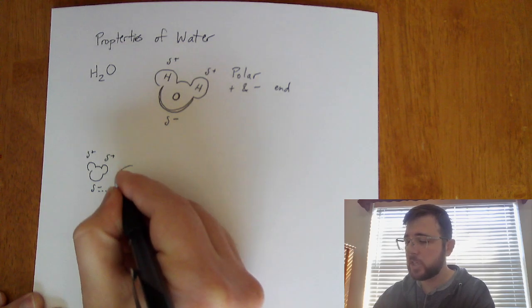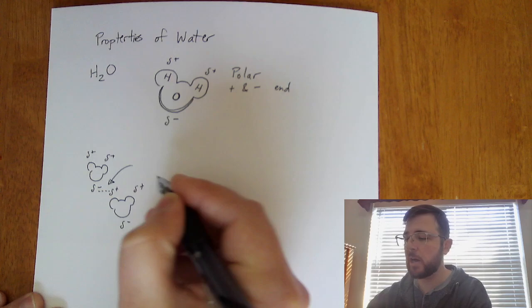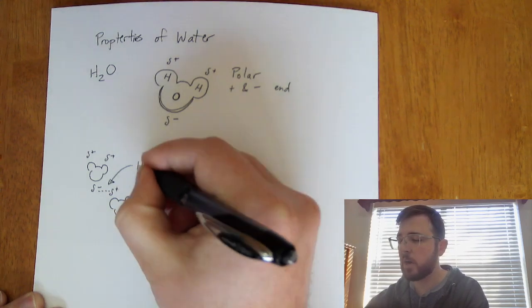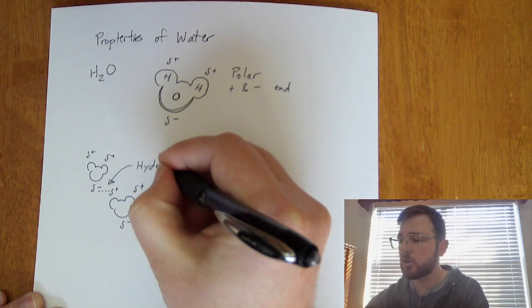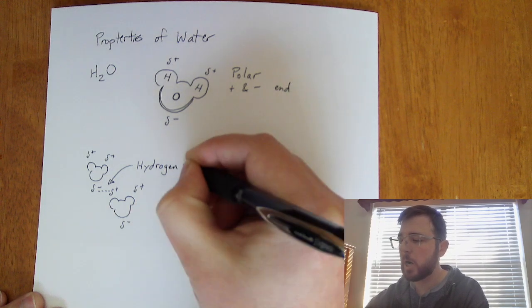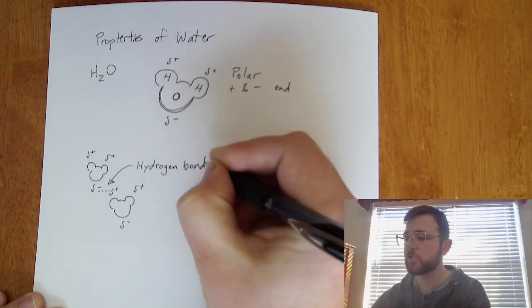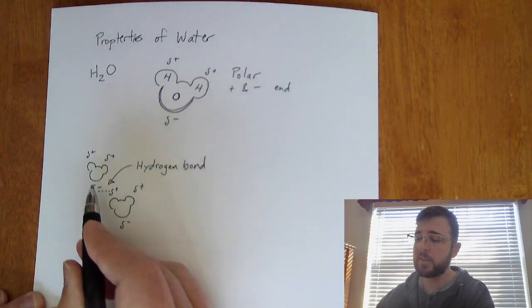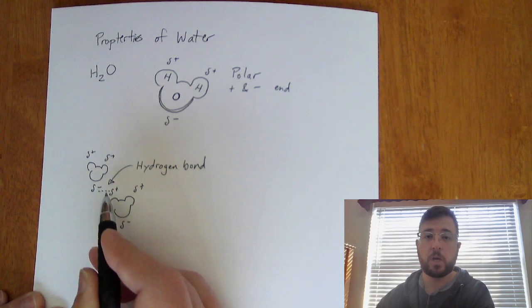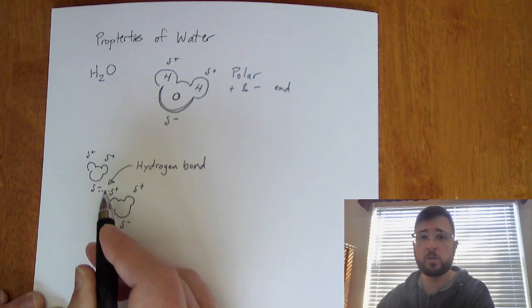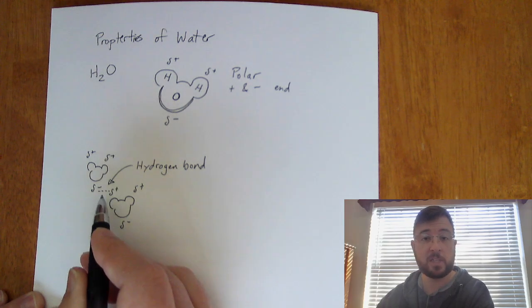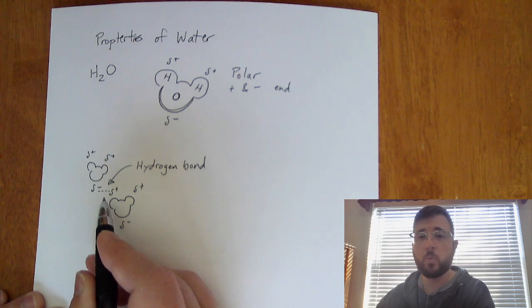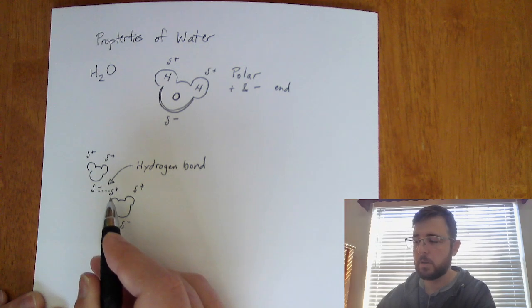And that attraction creates a very special kind of bond called a hydrogen bond. This hydrogen bond is just the interaction between these two polar molecules. So anytime you have two polar molecules that have a slightly positive and a slightly negative end, they're going to want to be next to each other.